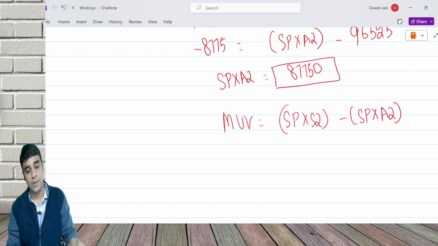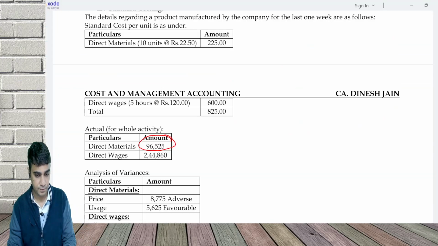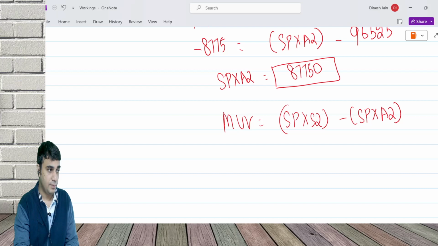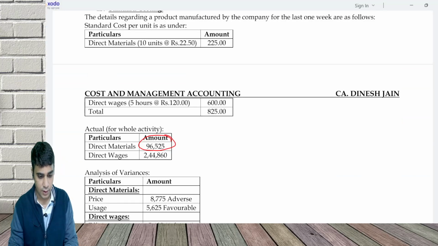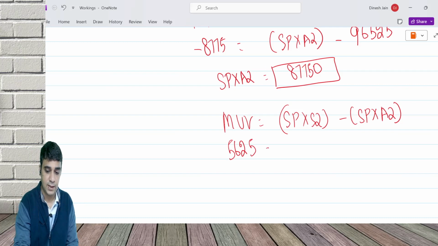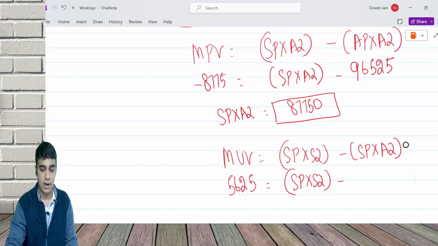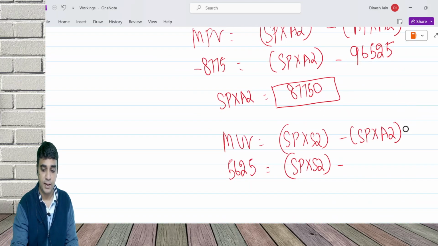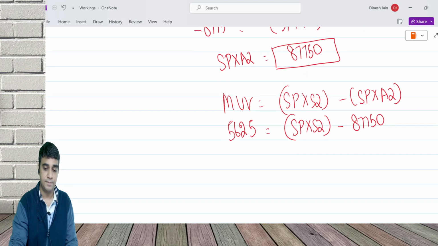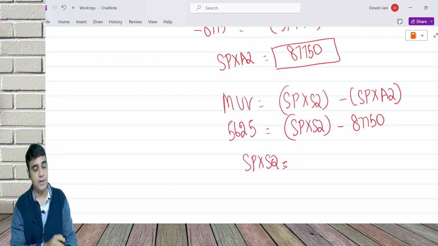How much is the usage variance? 5,625 favorable is equal to SP into SQ, let me keep it as it is. I can substitute also, or you keep it as it is, doesn't matter. 87,750. Take 87,750 to the other side. You will get SP into SQ.